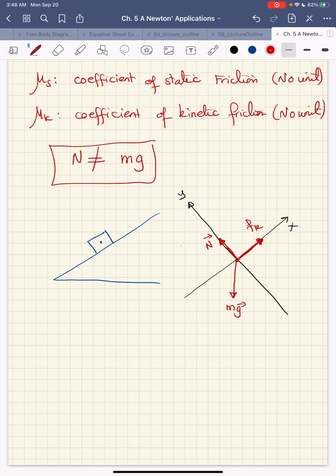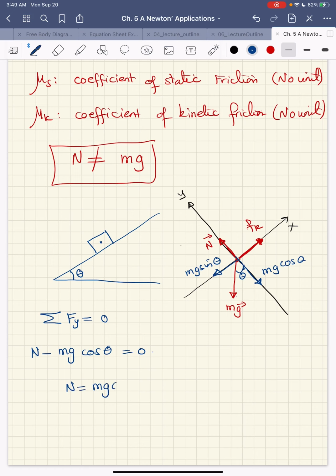Okay, now I don't want to solve a problem here, but I want to say if this is your theta, this is your theta, and this one is mg cosine theta, and this one is mg sine theta. If I want to look only at the Fy, sigma Fy equals 0, I don't have any acceleration, then normal minus mg cosine theta equals 0, and the normal here equals mg cosine theta.